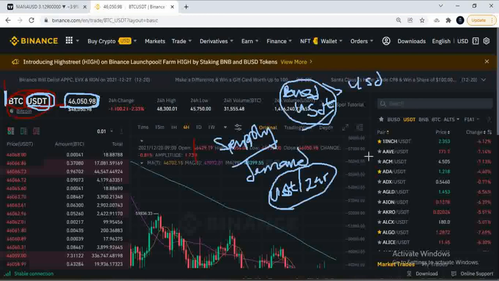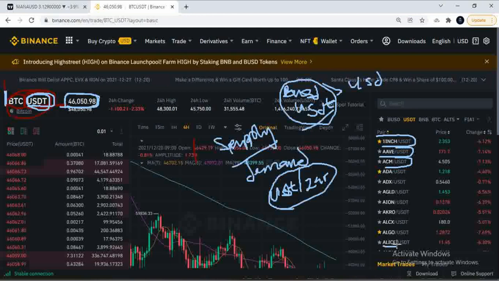If you look at another example here, we also have 1INCH USDT, ACM USDT. Remember, all these are abbreviations. If you search or check what the real meanings are, you're going to see that they mean something more lengthy. So this is just an acronym of the real thing.